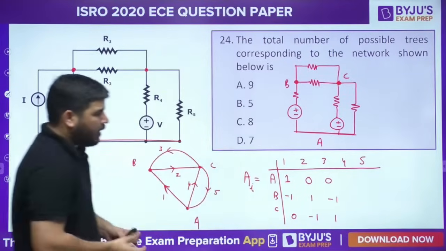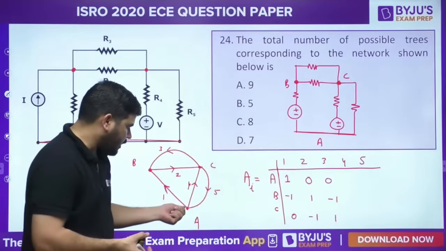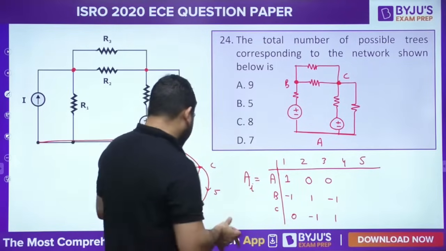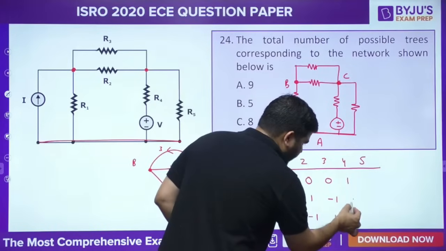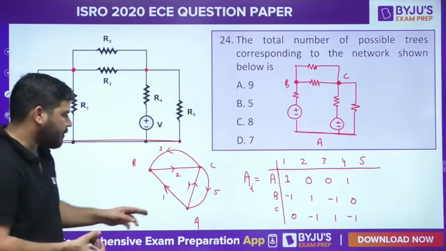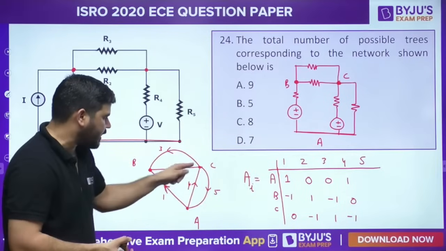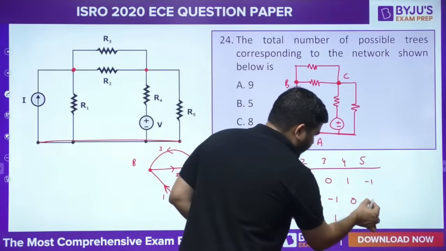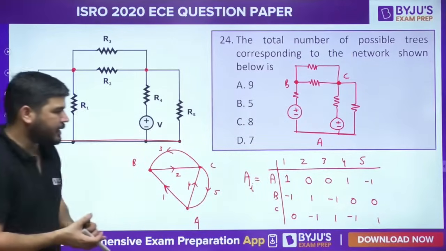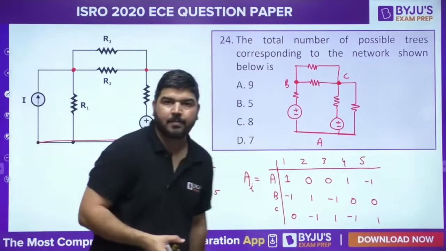Now branch number 4, leaving A, entering C. Now branch number 5, you can see that leaving from C, entering into A. So you can see that this is my incidence matrix.